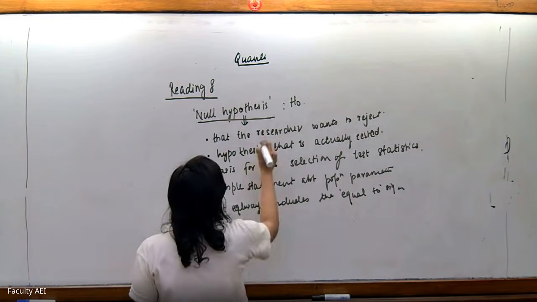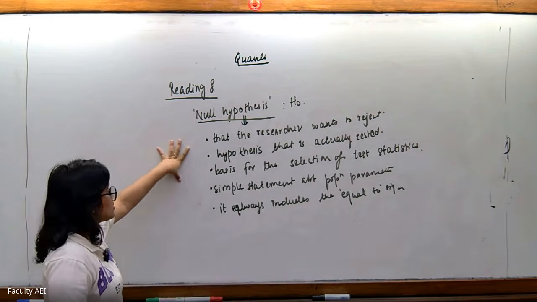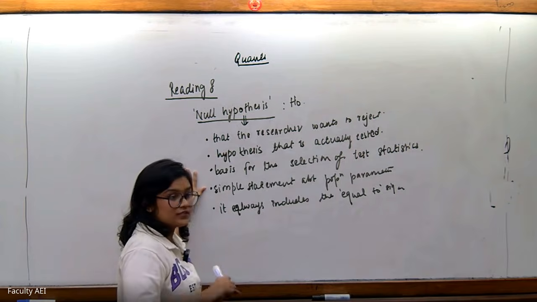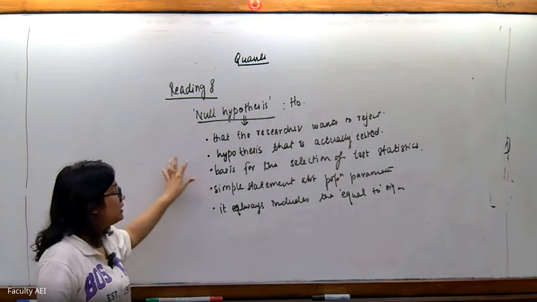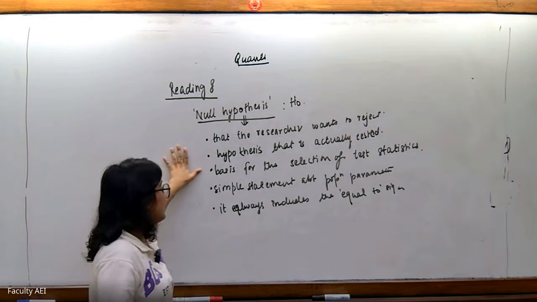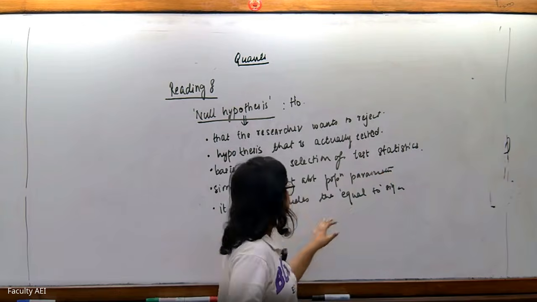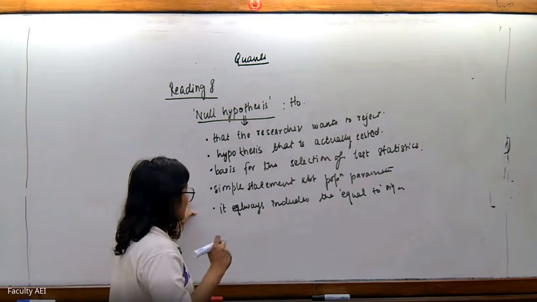So, null hypothesis is the hypothesis which the researcher wants to reject, and it is the hypothesis which we are actually testing. Our whole testing will be based on the null hypothesis and not alternative hypothesis. We use this hypothesis in order to form the test statistic, and it is a very simple statement about the population parameter.